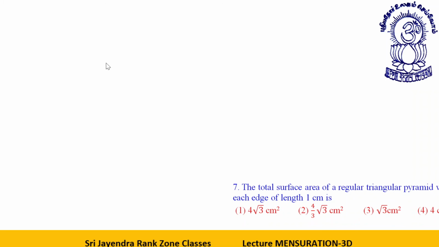The total surface area of a regular triangular pyramid with each edge of length 1 centimeter is. Dear students, we have already discussed the formula in the beginning. Total surface area of a regular triangular pyramid.